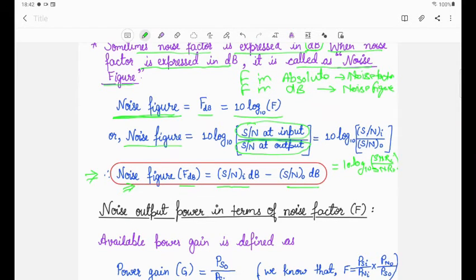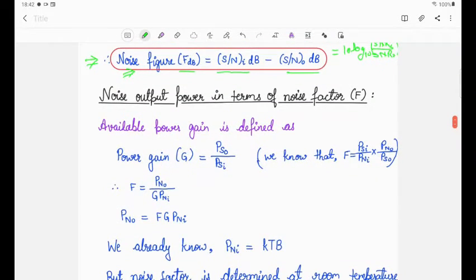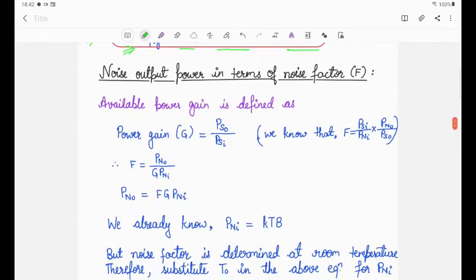This is the basic definition of signal to noise ratio, noise factor, and noise figure. Now let us apply this concept to the calculation of noise factor or noise figure for different devices. I am taking the example of noise output power in terms of the noise factor. For any device, I am considering an amplifier. This is the amplifier, this is the input signal, and this is the output. I am talking in terms of signal and noise power.